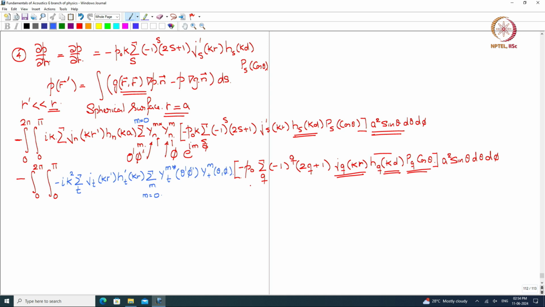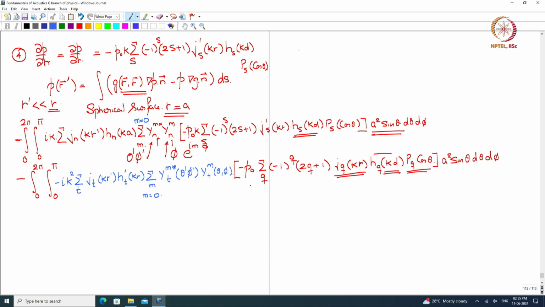Okay. So now if we do that, what do we get? We must remember from our previous derivations that this particular relation exists somewhere.